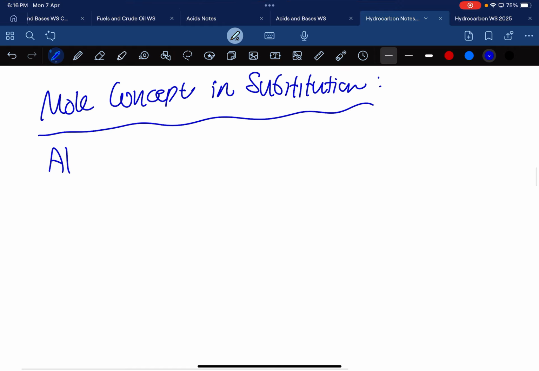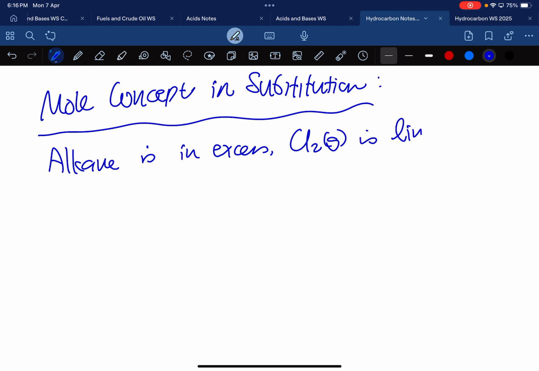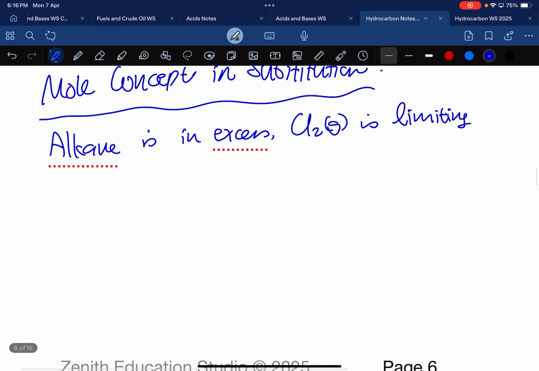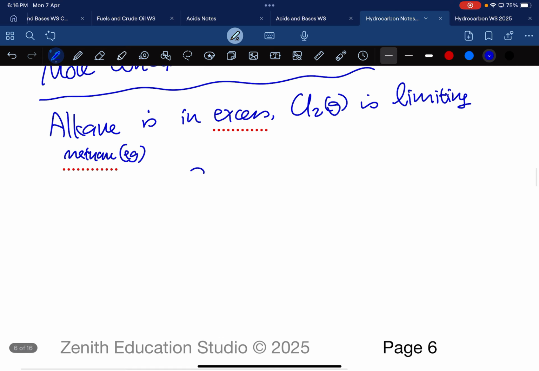If my alkane is in excess and your Cl2 gas is limiting, remember that every Cl2 molecule contributes 1 chlorine atom. So now I'm going to draw 2 products. Let's say I have methane as an example.